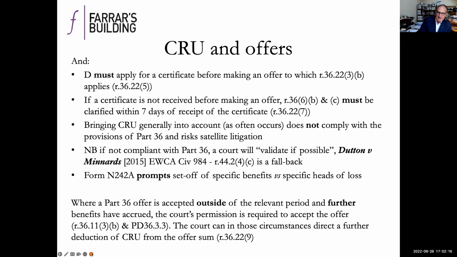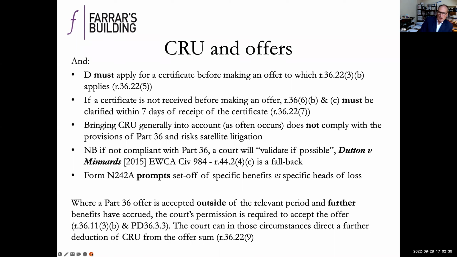And generally taking into account is a bad plan, and very frequently one sees in Part 36 offers no substantive breakdown in relation to each one of the specific benefits and how that cross relates to the specific heads of loss. Now, Form N242A prompts a set off of specific benefits versus specific heads of loss.